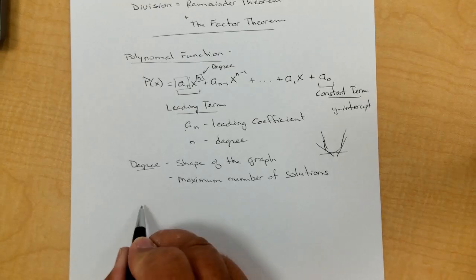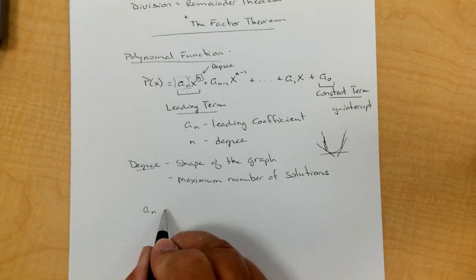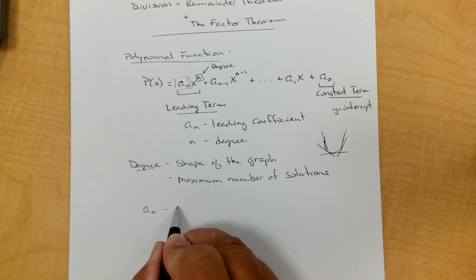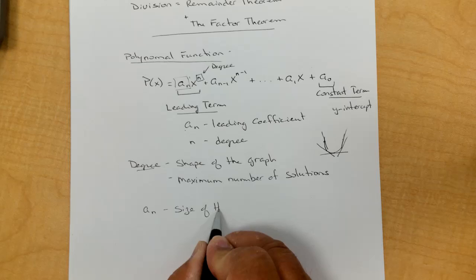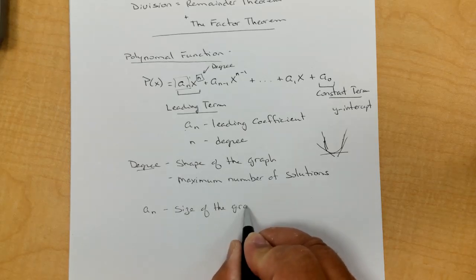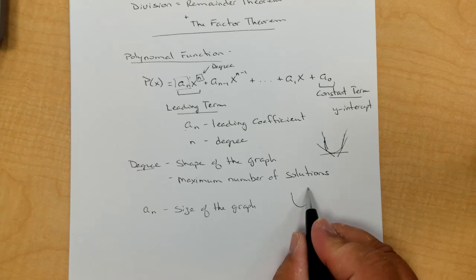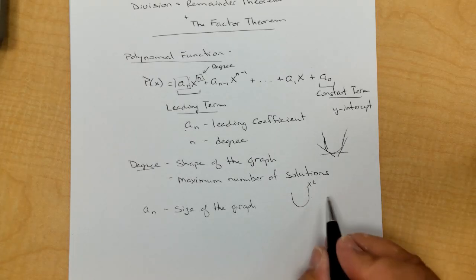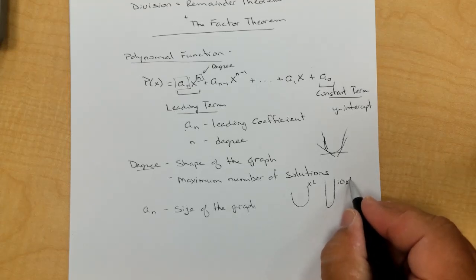The leading coefficient tells us the size of the graph. If this was our x squared, this would be something like 10x squared.